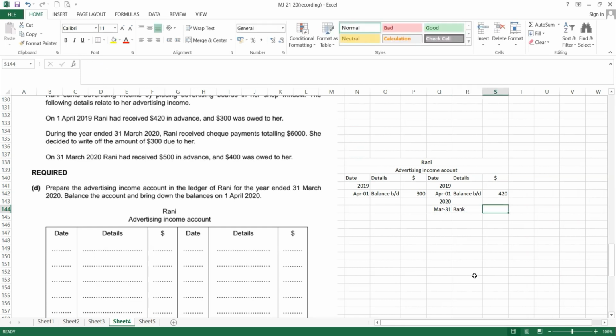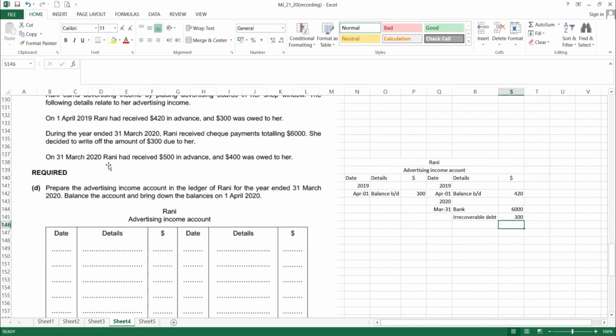You must write bank because it's a check, 6,000. At the same time, she decided to write off this 300. Since that here is a debit, when you write off it must be in the credit. So this one you call irrecoverable debt, 300.